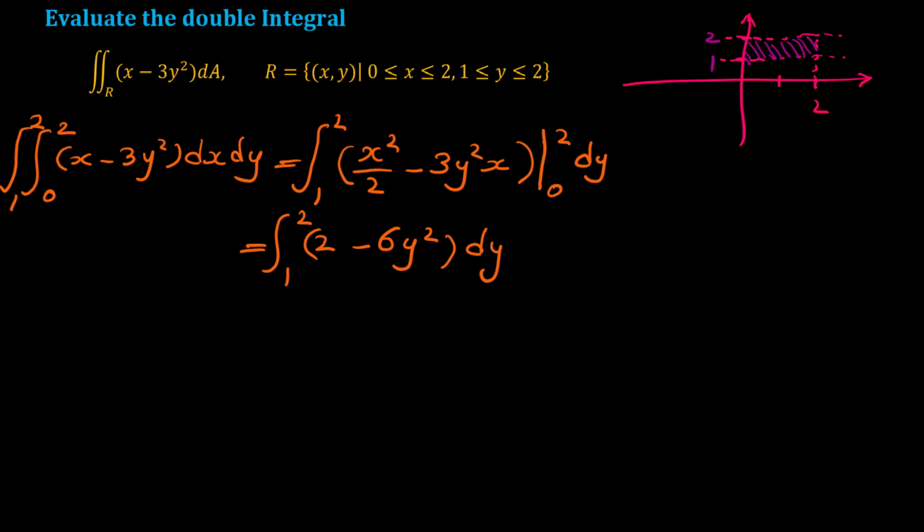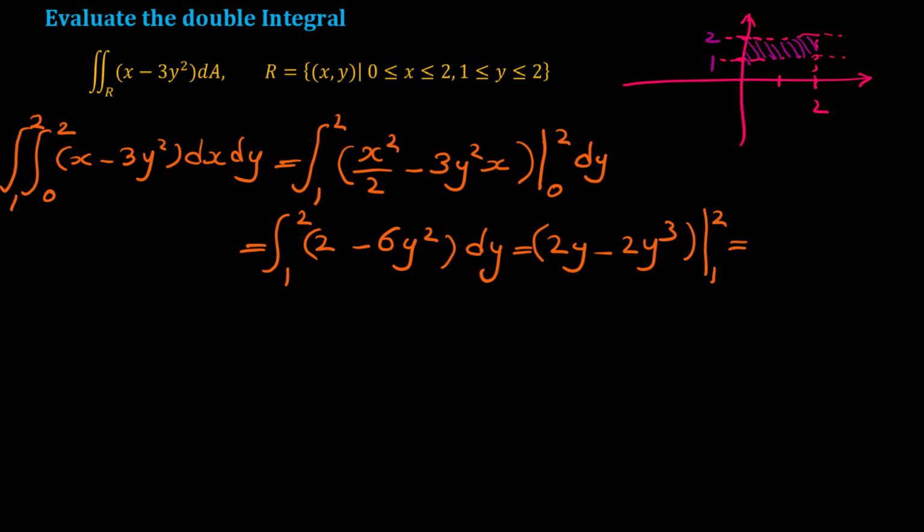Now we have to find this integral. The integral of 2 is 2y. Attention, it's with respect to y. So 2y minus, what is the integral of 6y to the 2 dy? Based on the power rule, it's 6 times y to the 3 over 3. If we simplify 3 with 3, we have 2y minus 2y to the 3, all of this from 1 to 2.